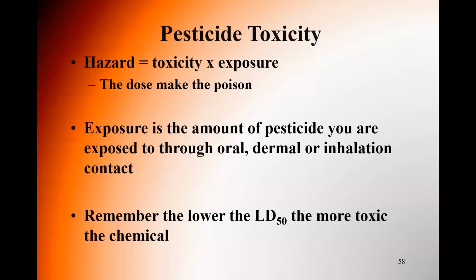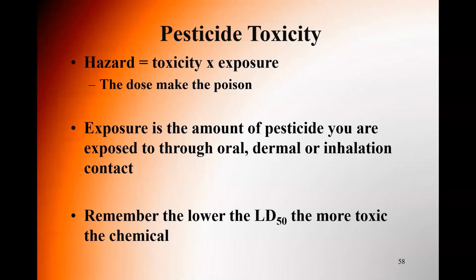When we look at hazard, it is toxicity times exposure. The poison is in the dose. So it may not be extremely toxic, but if we are swimming in it, that's different.